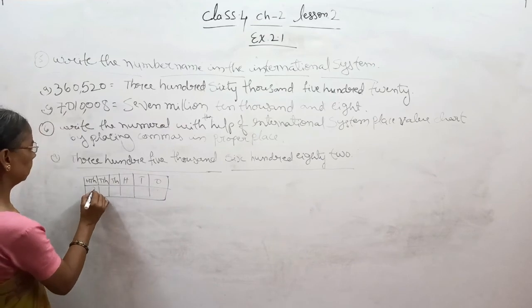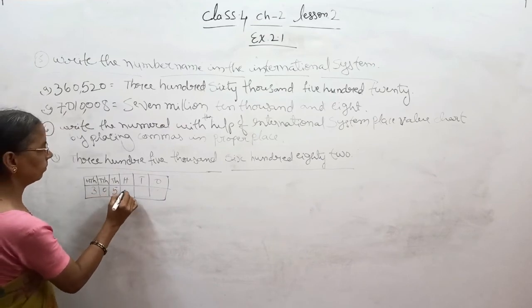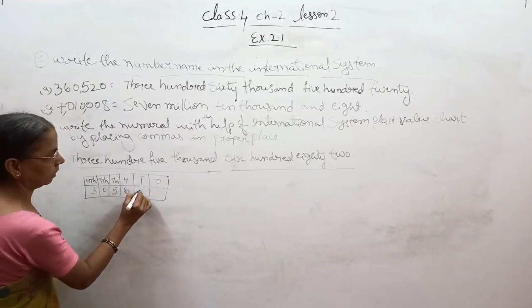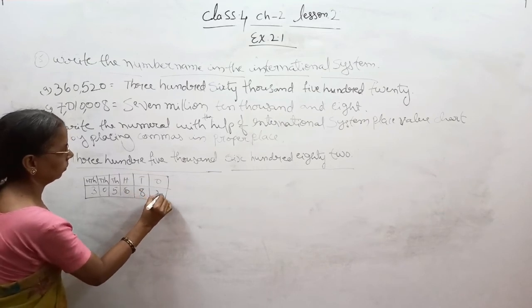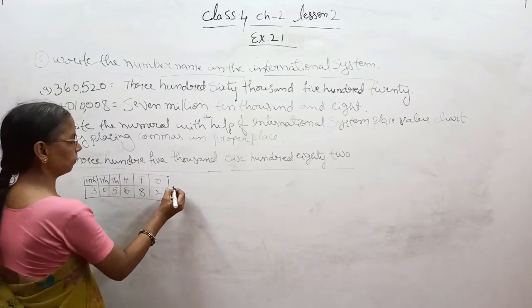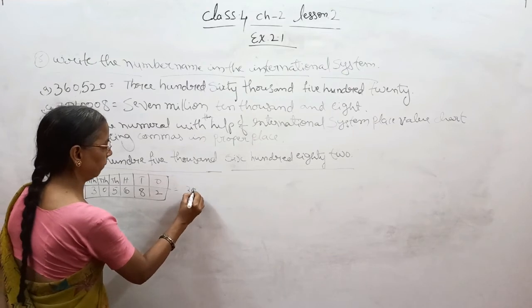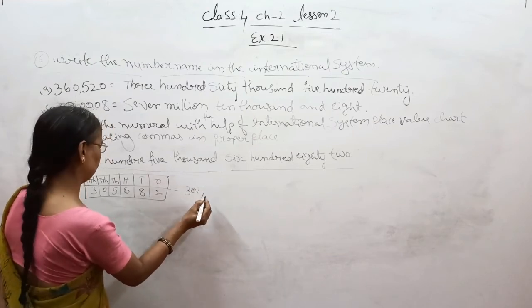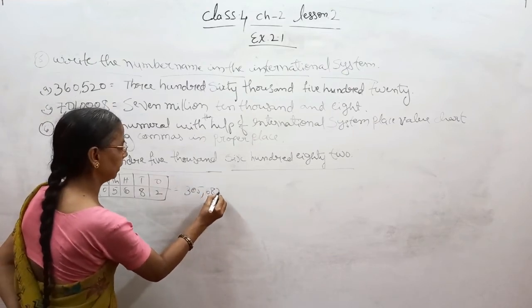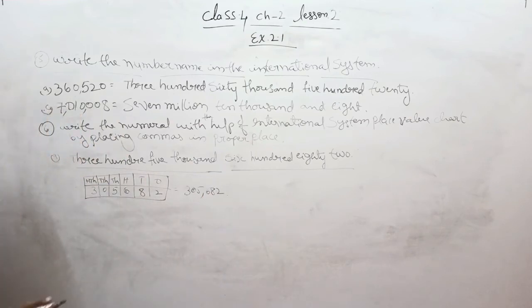That is 305, 682. Then simply we have to put a comma, that is 305,682. Like this we can write the numerals.